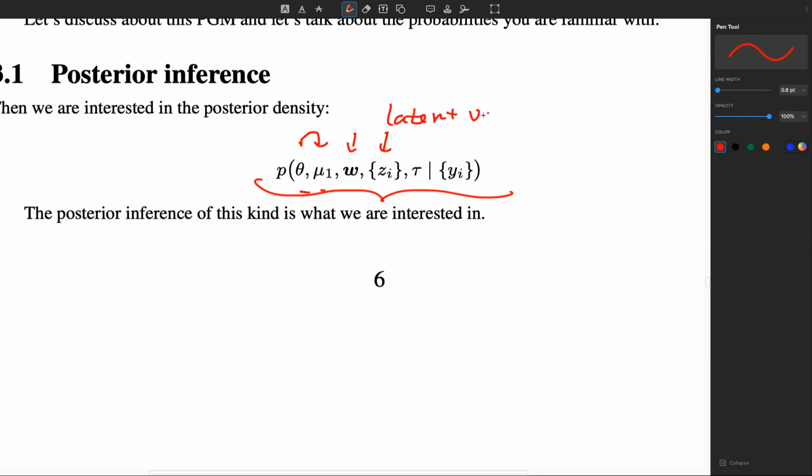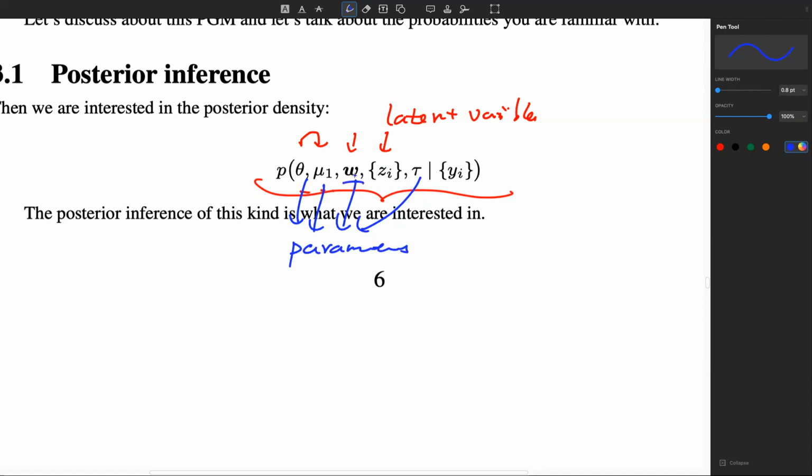So they should also have a circle around them because they're not hyperparameters. But these are your parameters. You can sort of argue that the weights should also be a latent variable too, so there's no clear cut.